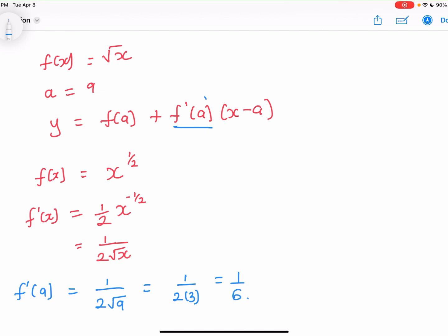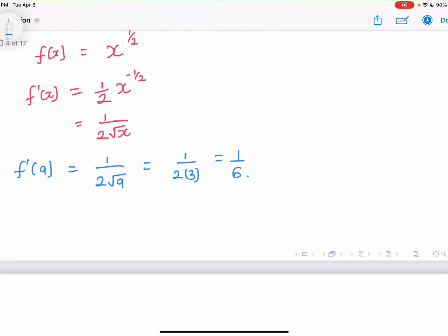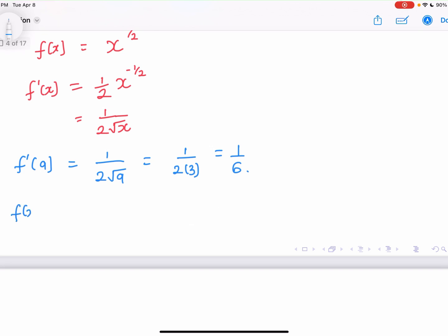So now we have f prime of a. Now let's find f of a. That's the function value at a. So we have our f of x giving us the square root of x. Then what will be f of 9? So f of 9 will be the square root of 9. That's 3. So we have all that we need.